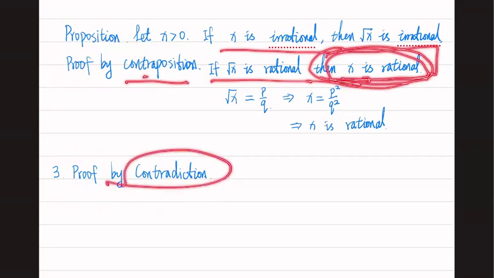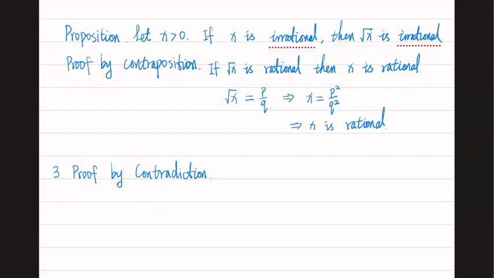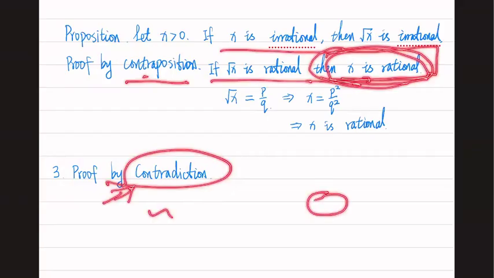But the contradiction is more flexible. We don't know what we are shooting for. During the argument, we arrive at a contradiction. The contradiction may be the first step, maybe the second step, maybe the combination of the two.